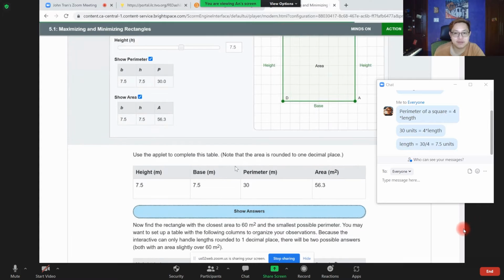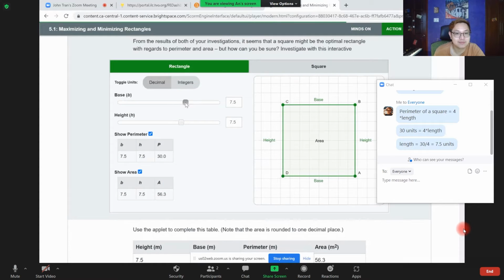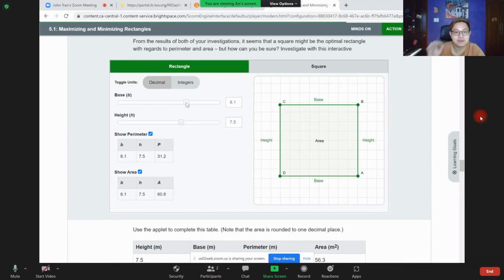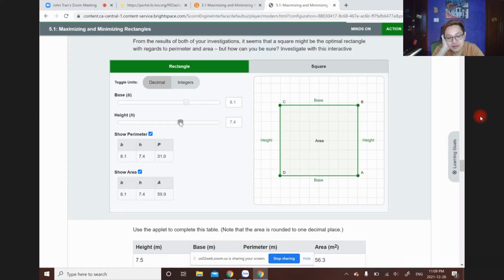What do you find? Tell me. Increase that base and height. Okay, so it's closest to a square. The base and the height must be nearly the same, isn't it? But then the error is more than 60 already.